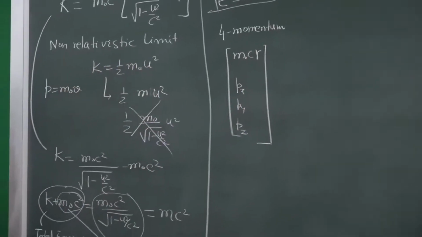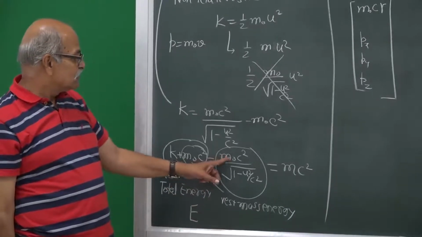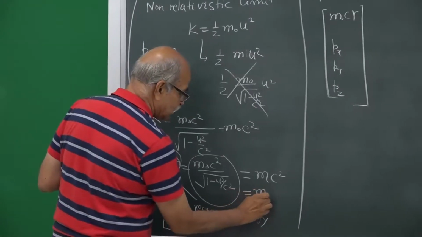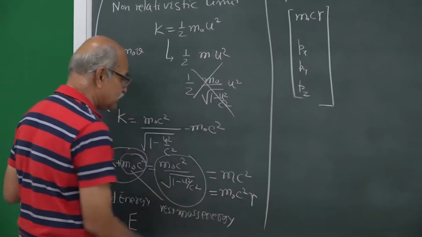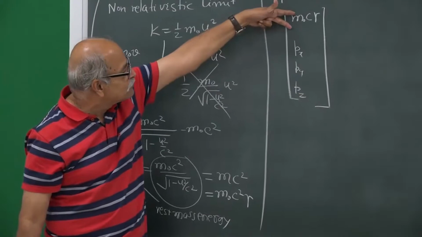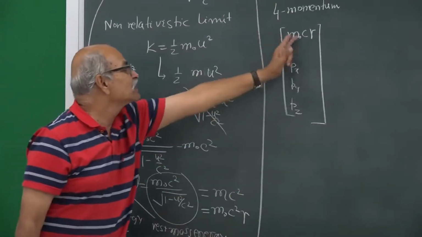And if you see from here, E is equal to m naught times c square times gamma. This is m naught c square and this is gamma. And here the 0th component is m naught c gamma. So, m naught c square gamma here, m naught c gamma here.